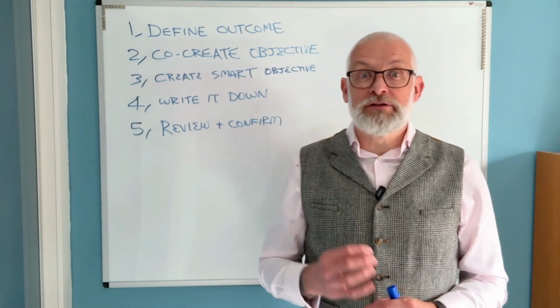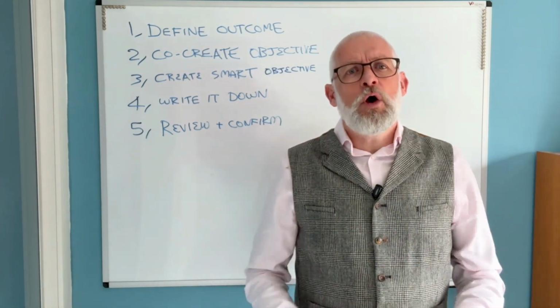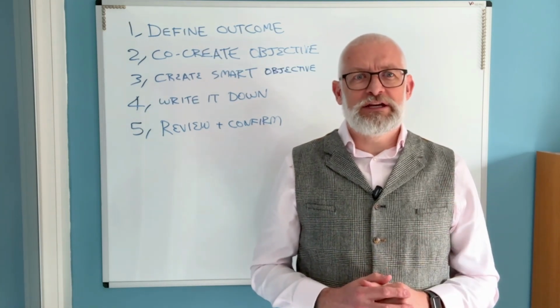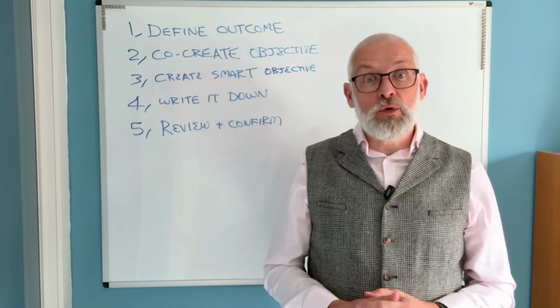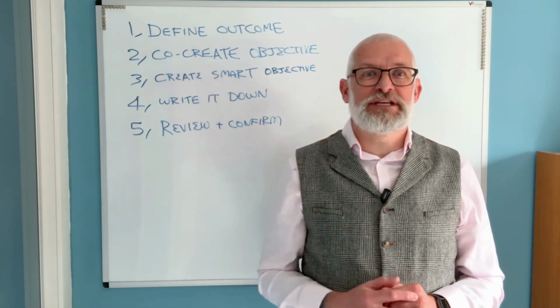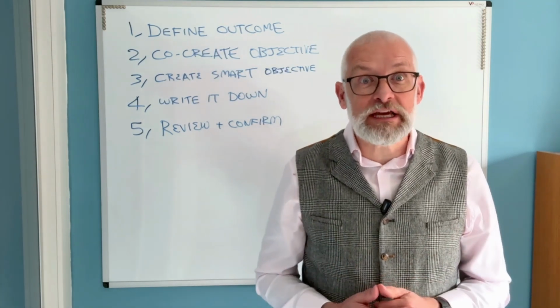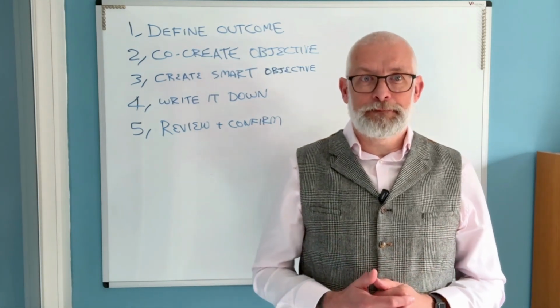Agreeing SMART developmental objectives is about having a proper conversation, one that's focused on real outcomes, clear expectations, and a shared understanding. When people know what they're working towards, why it matters, and how success will be recognised, development stops feeling vague or risky and starts to feel achievable and motivating.